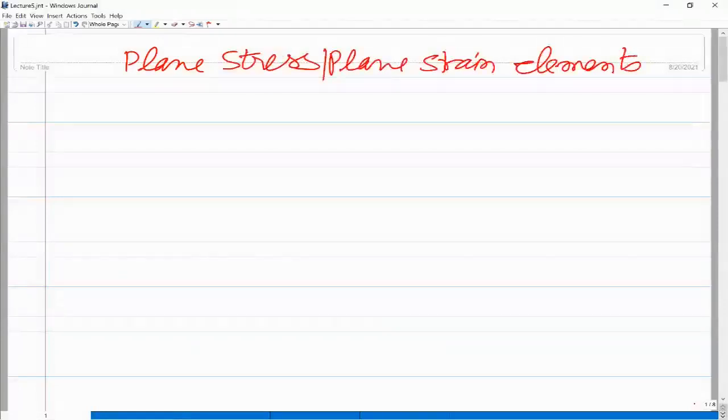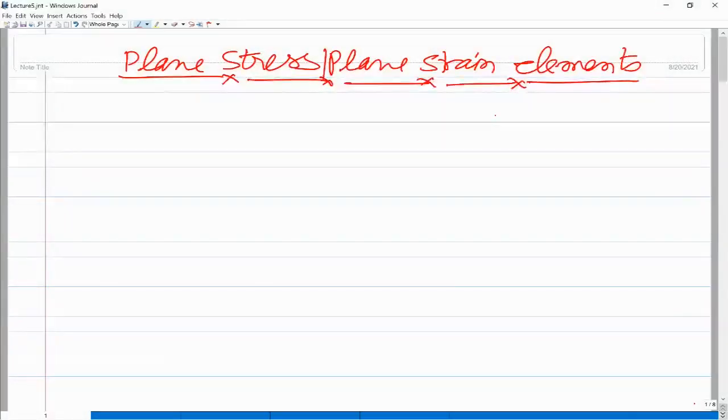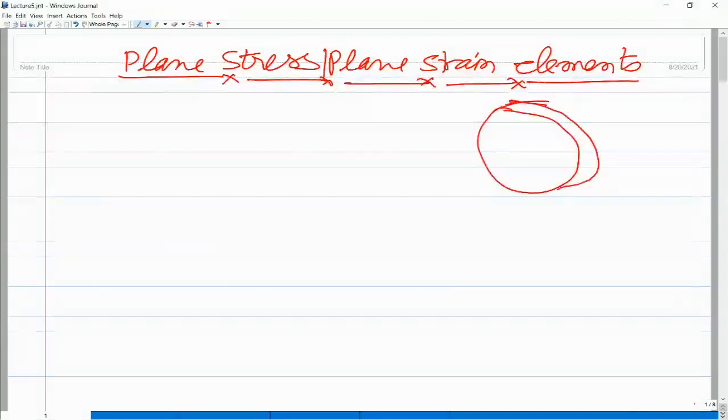So these are 2D elements. That is what I am going to discuss, and maybe it might again be some kind of a revision for you, but let me briefly discuss this. We have, let us say, a body with certain thickness.